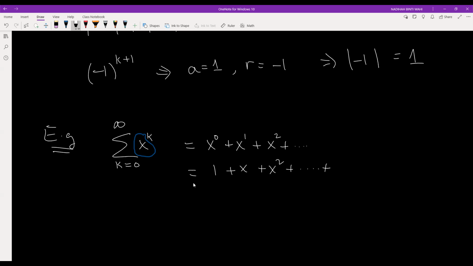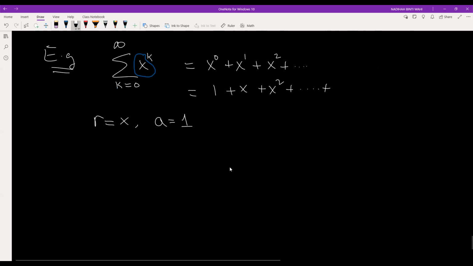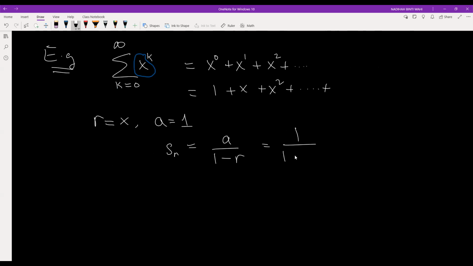Okay, so let's see this one. How about the sum of this? You can see that r equals x and a equals 1. The coefficient is just 1 because we don't have anything else. So the sum for this is just a over 1 minus r, so this is just 1 over 1 minus x. Not r, this is x.